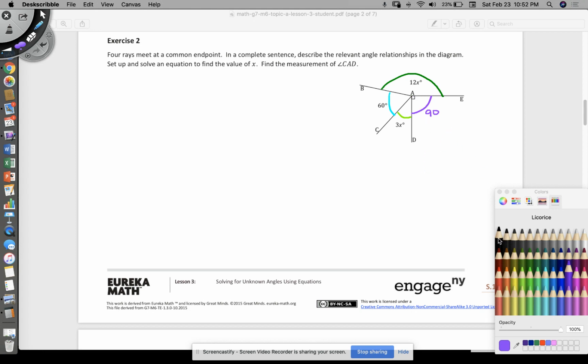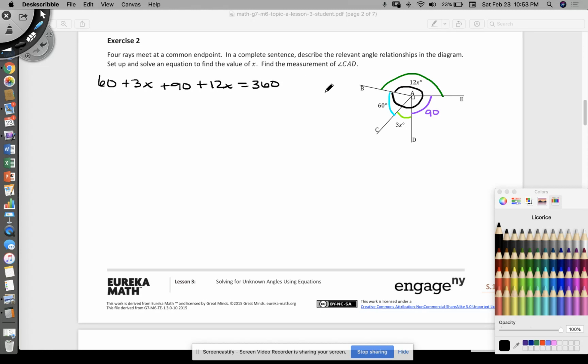Now, if I added all these together, kind of like what we've been doing, this one plus this one plus this one plus this one, I get a 360. So we're going to say 60 plus 3x plus 90 plus 12x equals 360. All right, I'm going to let you solve that one.